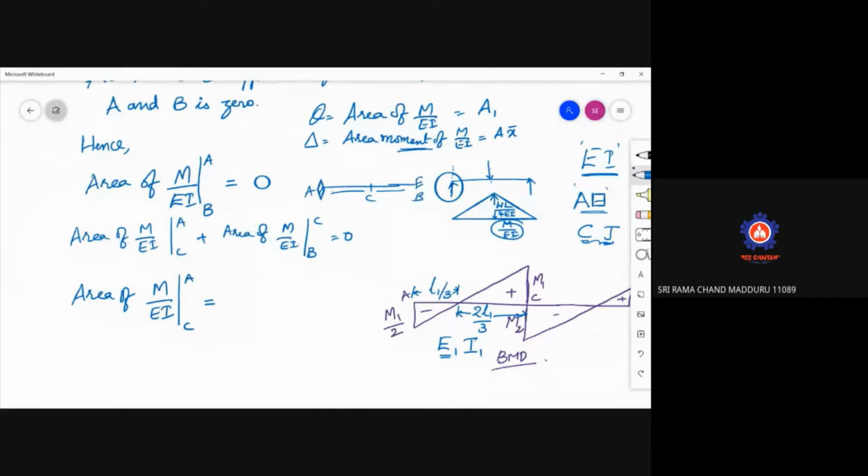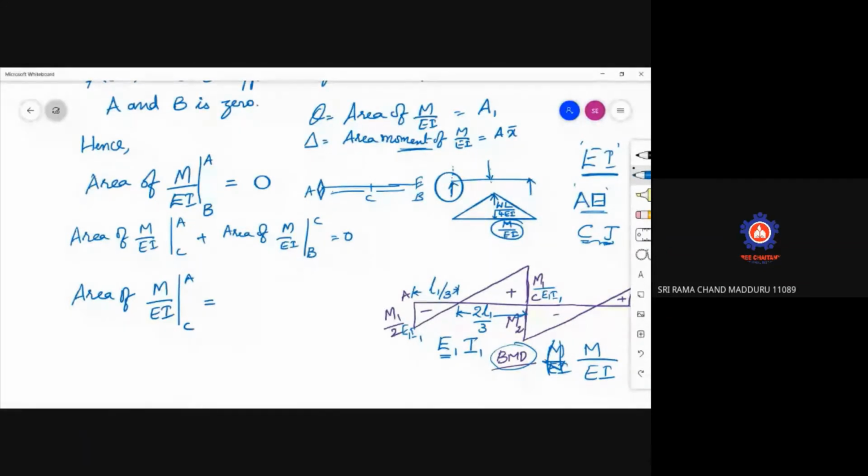So now in this one, I would like to calculate the area of the M by EI diagram with respect to A to C. What is the negative portion here? This is the BMD, but we have to write it by EI, so this will be E1 I1, and this will be M1 by E1 I1. Because I have to write the M by EI diagram.